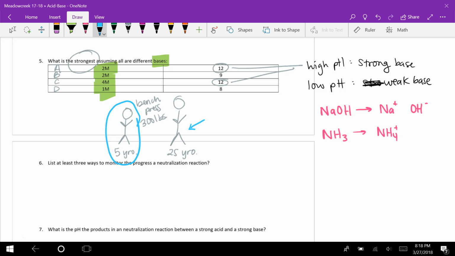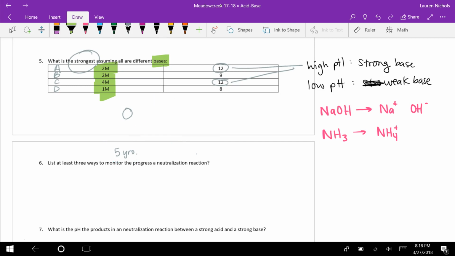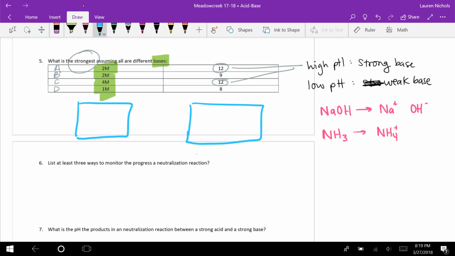Kind of the same thing here is if we have a solution, right? So I'm going to actually just erase my kid metaphors here. Hopefully that helped you. Okay, if we have two beakers, right? And let's say this one is weak or weaker, and this one is stronger, okay?